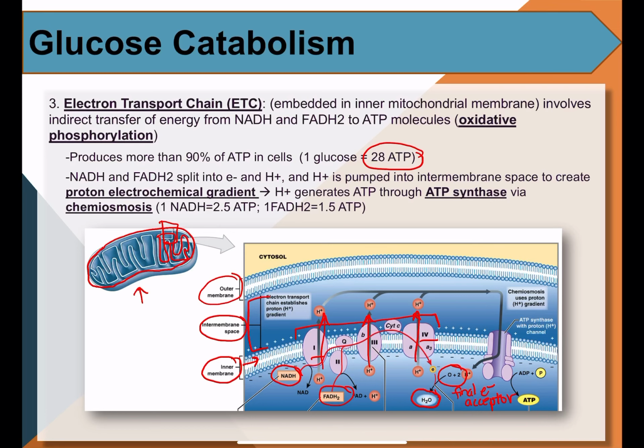Hence, this is why oxidative phosphorylation, which is what happens during the electron transport chain, makes almost 90% of the ATP within a cell.